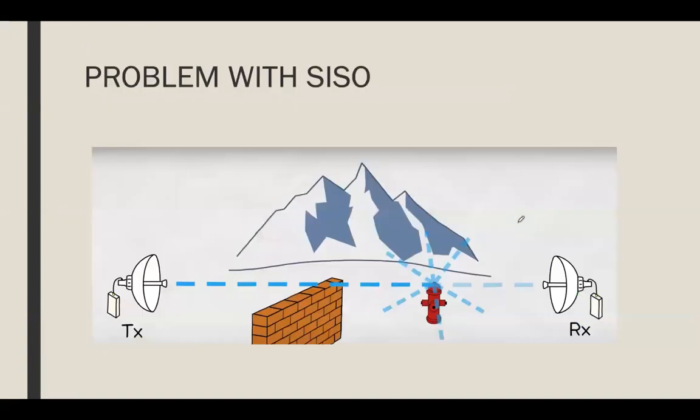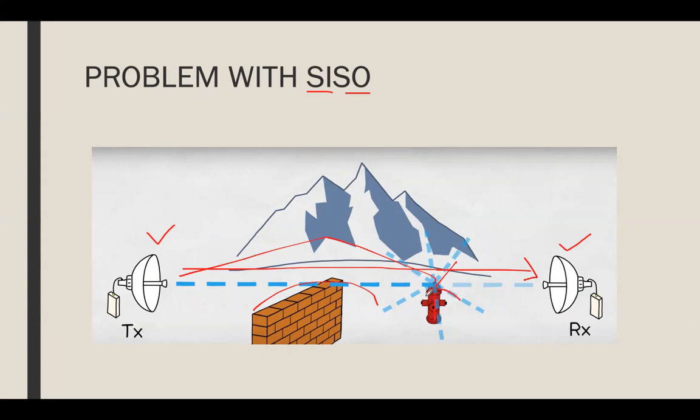So what are the disadvantages of having a single input and single output, that is, a SISO system? If there is only one transmitting antenna and one receiving antenna, then we get a very good capacity only when the signal is in line of sight, right? If the transmitting and the receiving systems are not in line of sight, the signal might get reflected, diffracted, or scattered.